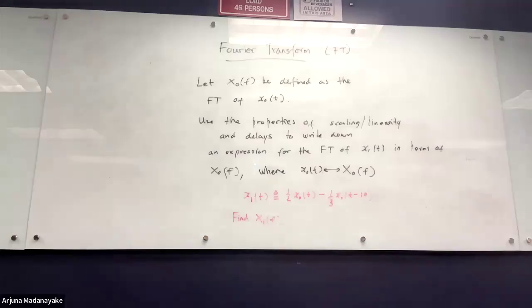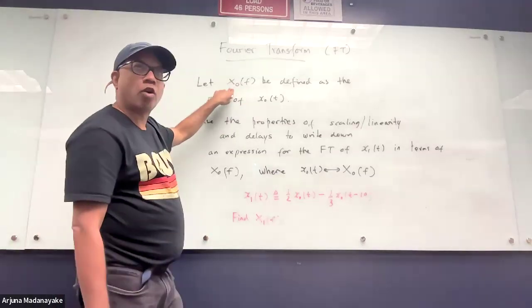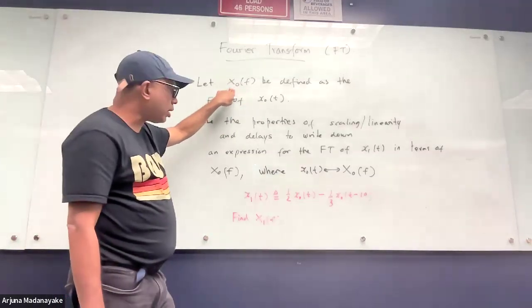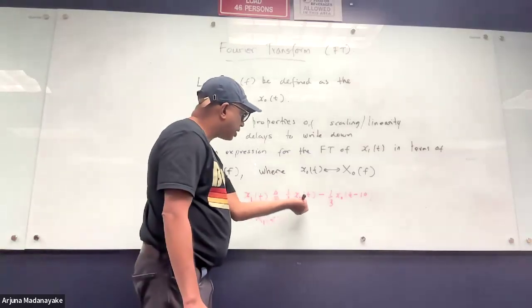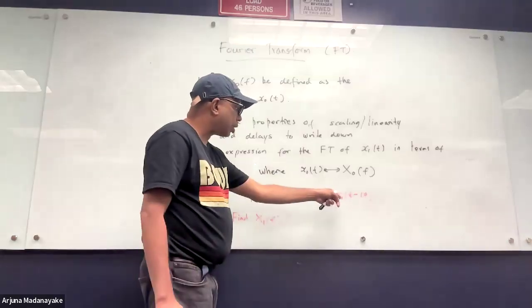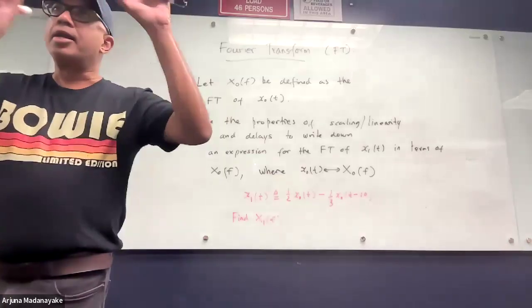Take a moment for that to sink in. We have x0 of t, the Fourier transform capital X0 of f. I'm calling x1 of t half times x0 of t minus 1/3 times x0 of t minus 10. So I'm scaling, I'm delaying and I'm adding.